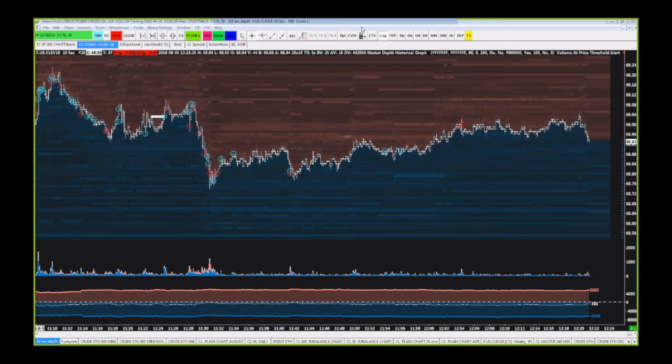I'll post a seasonal chart in the chat later, but you can see seasonal trends. The seasonal trend for oil and gasoline is to the downside until about mid-December. Yeah, so you're looking for different areas to help.